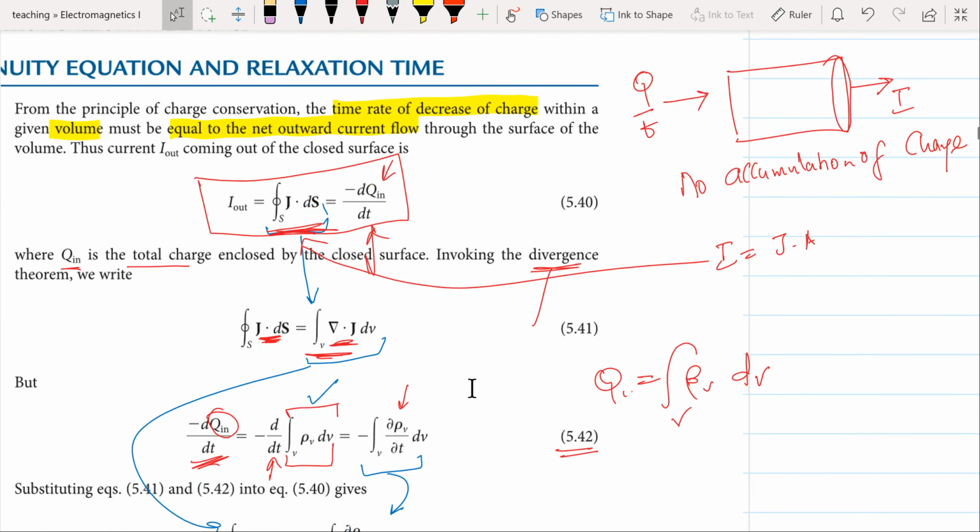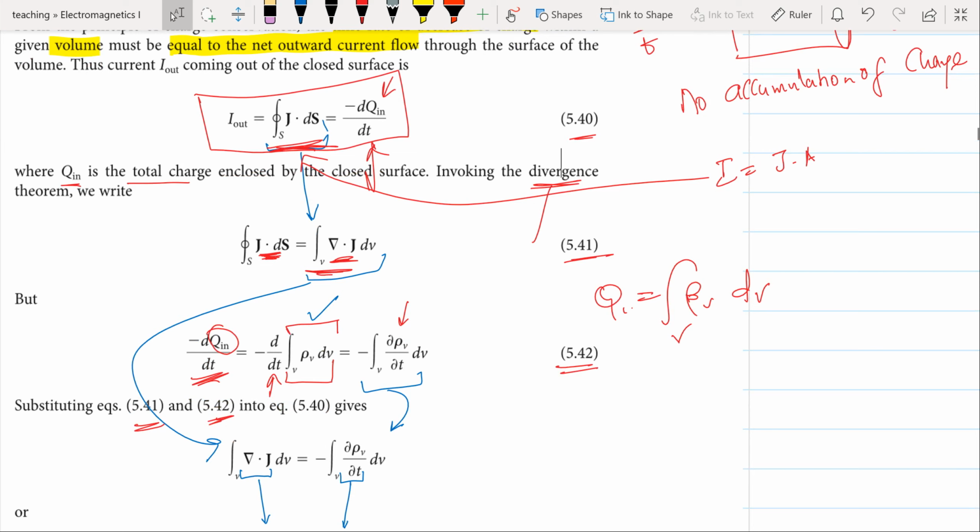And now, if we substitute equation 541 and 542 into 540, what we end up having is something close to this.